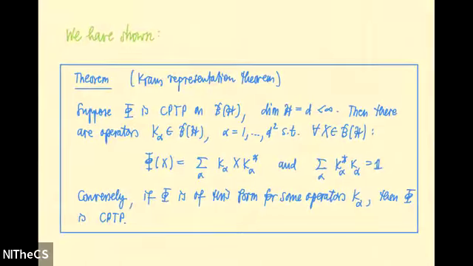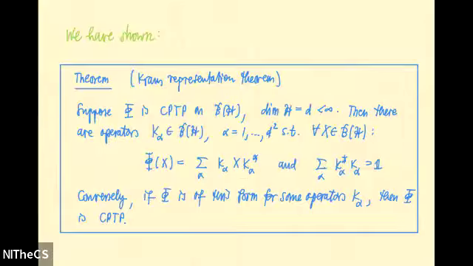So we have shown this theorem. If phi is a CP-TP map acting on bounded operators of the Hilbert space, we took finite dimensions, then we can find operators K alpha.